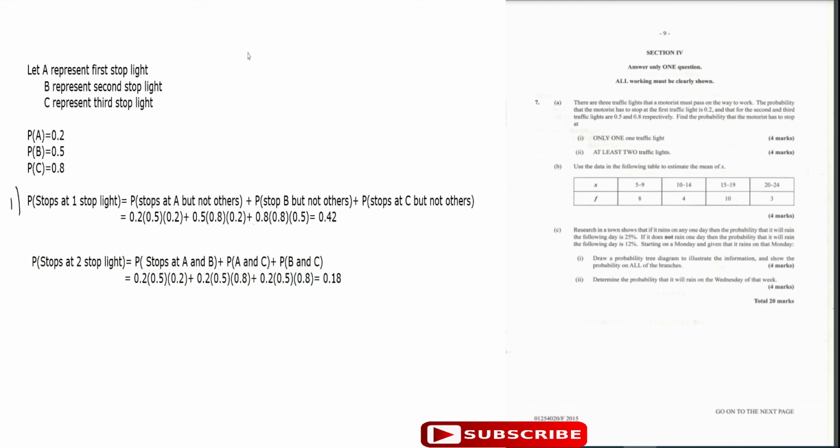Now part B. Part B says, use the following data to estimate the mean.